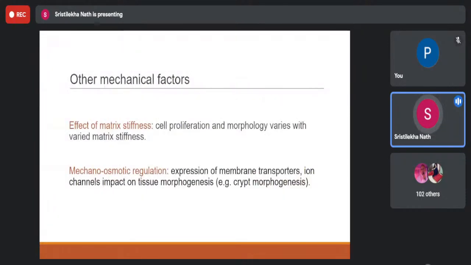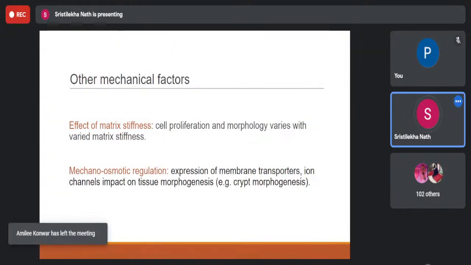So there are some other mechanical factors besides the organogenetic mechanics. The effect of matrix stiffness is a very important factor because, as I already said, it is very important to know where the organ is growing. Is it growing in a very stiff or rigid matrix, or a very loose matrix?